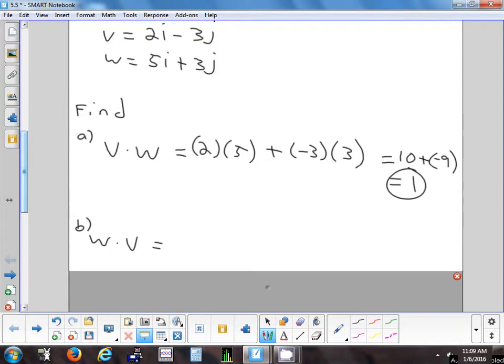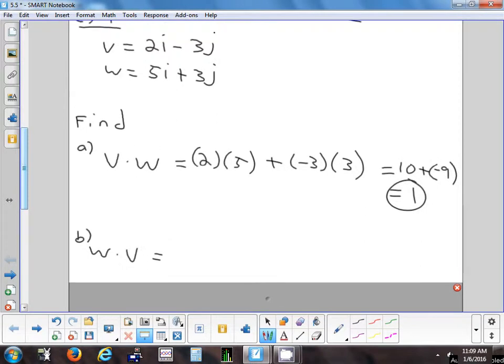Okay, you're almost there. So what I'm checking is if I switch the order, do I get the same answer? So now when we do w dot v, it would be what times what? Now it's 5 times 2, because w comes first. And then 3 times negative 3.